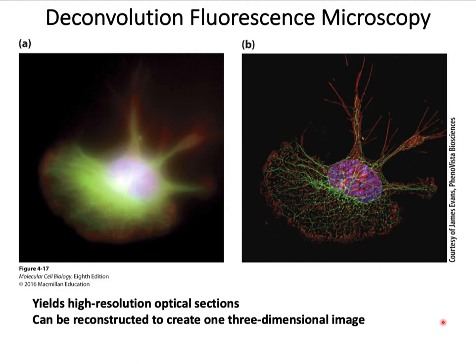Finally, all these individual sharp images from each plane are merged together computationally using what is known as the deconvolution algorithm to get a crisp in-focus image like this one on the right, where you can clearly see the cytoskeletal components and the nucleus with great clarity.